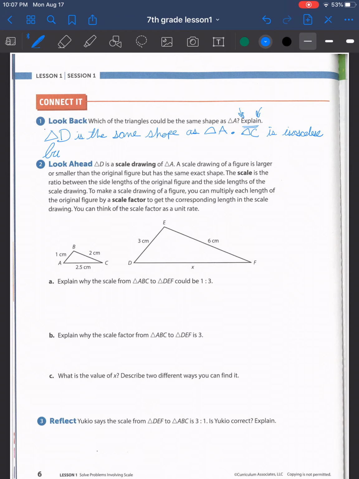But, I'm going to say it's like too angled. Like, you know what I mean? It's not the same angle. And it is not the same shape.